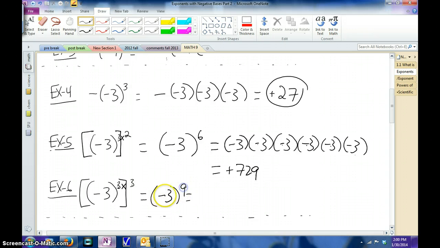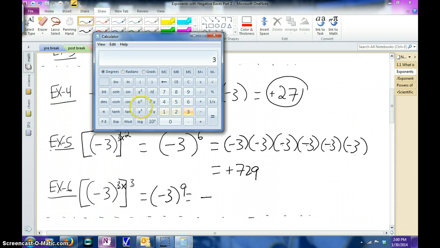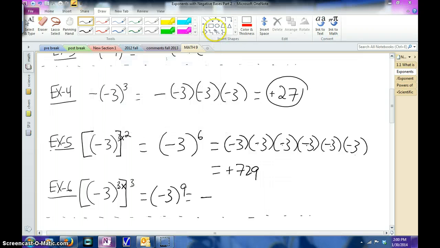If there are 9 negative signs, an odd number, that means 1 negative sign will be left behind. It's negative. Negative what? Let's bring the calculator out. 3 to the power 9. 3, x to the y, 9. 19,683 is your answer.